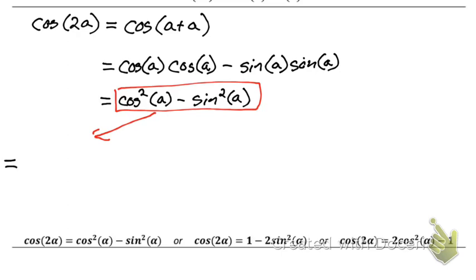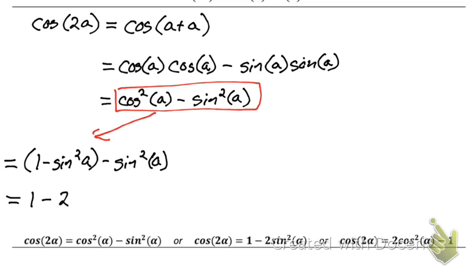We're going to replace that cosine squared alpha with 1 minus sine squared alpha. And we still have that minus sine squared alpha on the outside. I should say a, not alpha. Well, negative sine squared a minus sine squared a is just 2 sine squared a. So we'll have 1 minus 2 sine squared a.